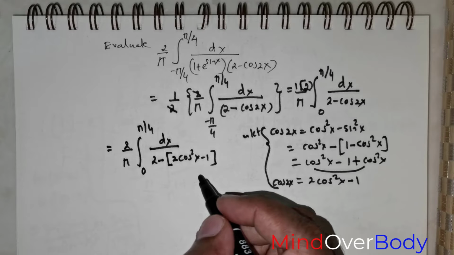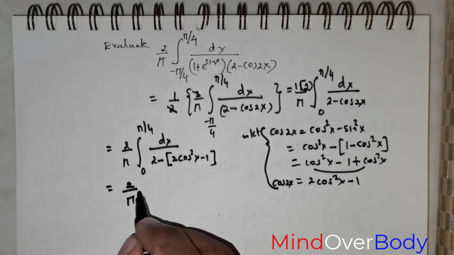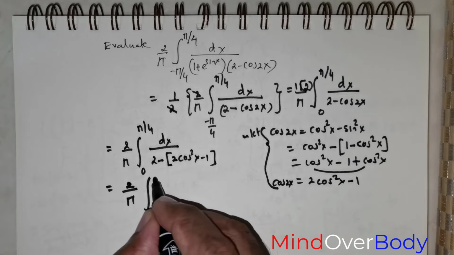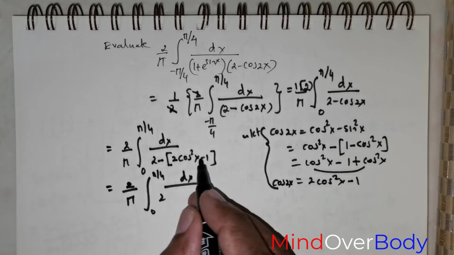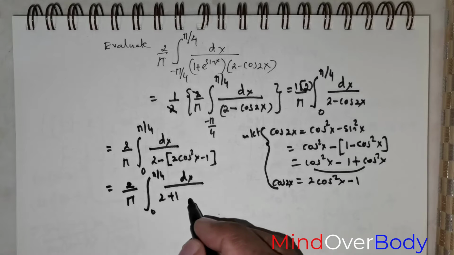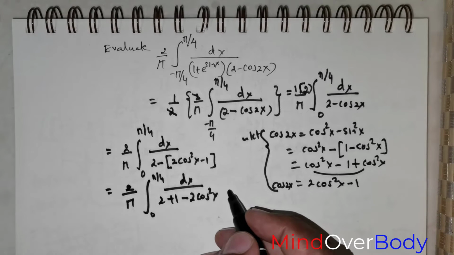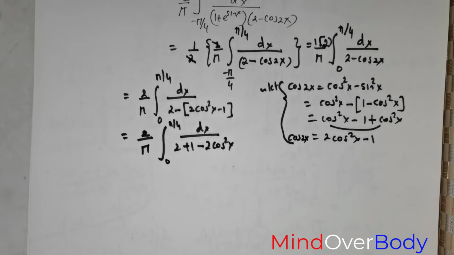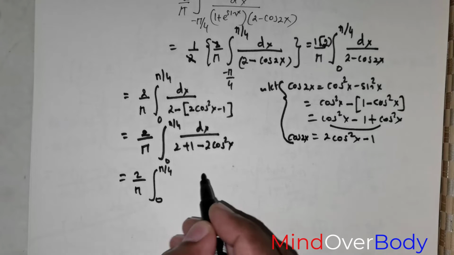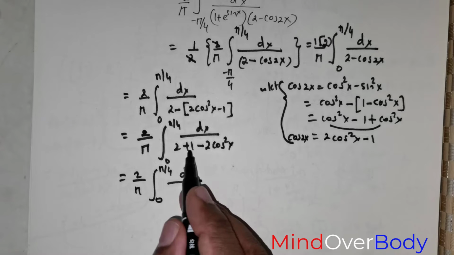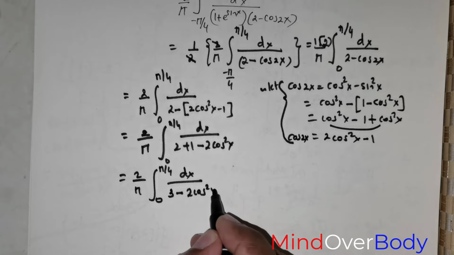First let me simplify the denominator. So this is 2 over pi, the integral from 0 to pi over 4 of dx over 2, negative times negative 1 is positive 1, followed by minus 2 times cos squared x. So this is equal to 2 over pi, the integral from 0 to pi over 4 of dx over 2 added with 1 gives 3, minus 2 times cos squared x.